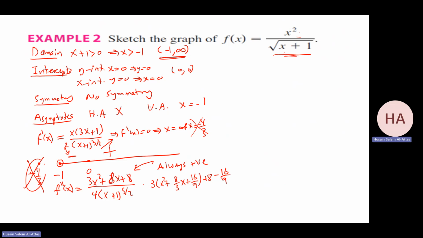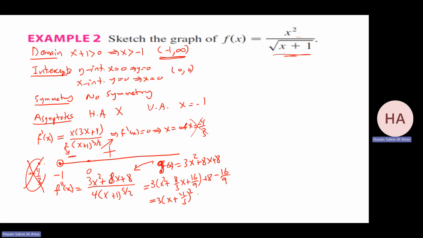Now this is the function I'm talking about, f of x equal this, or g of x. That will be this, so it's 3 times a square, and this is always positive.